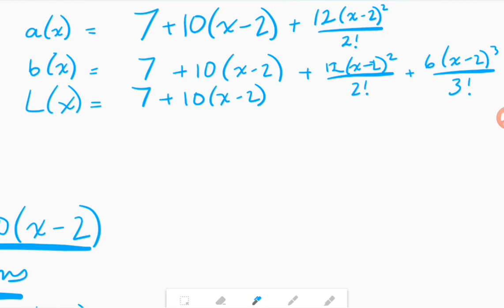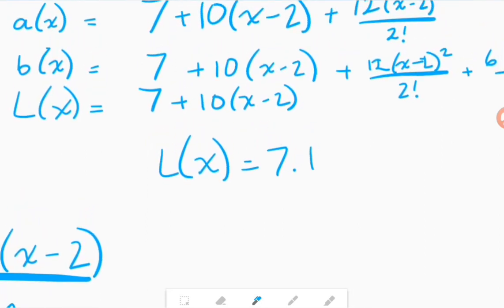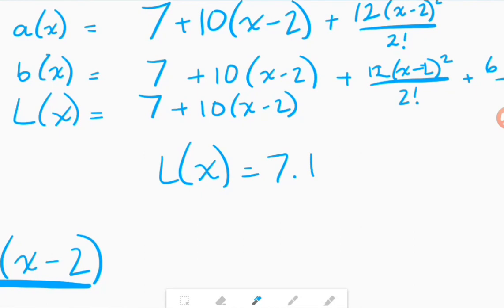My error decreased, and we saw that in the graph. But let me write down the actual values that I get when I plug in 2.01 into each of these functions. So L of x, as we calculated before, the regular linearization, my error was 7.1. And now, this would be L of 2.01.